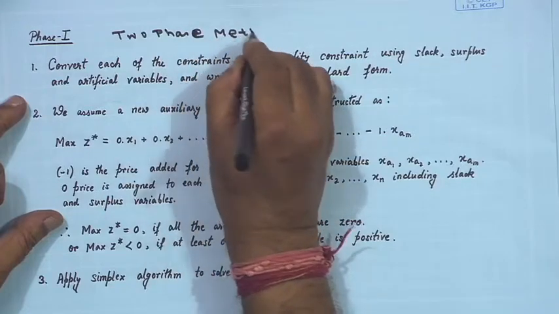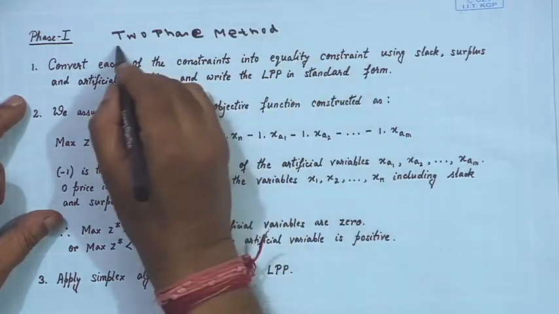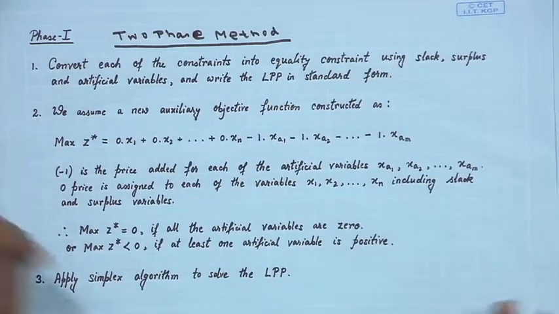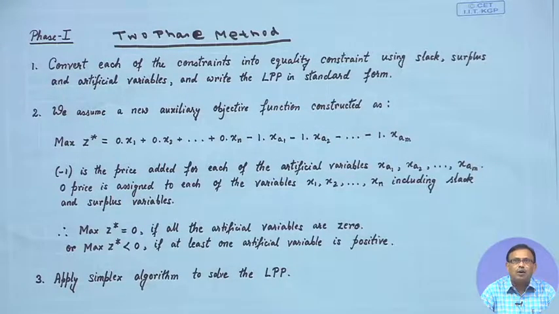In the two-phase method, as I told, the first phase is phase 1. Here you see we have written it pointwise, the steps you have to follow. Convert each of the constraints into equality constraints using slack, surplus and artificial variables, and write the LPP in standard format.